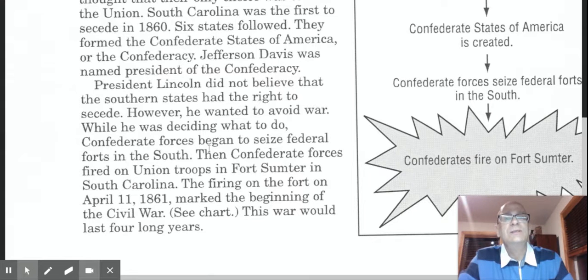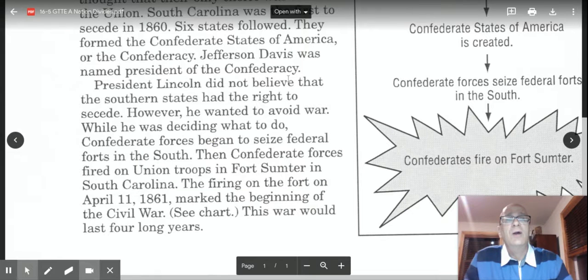Then Confederate forces fired on Union troops at Fort Sumter in South Carolina. Fort Sumter was a U.S. military installation off the coast of South Carolina, in Charleston Harbor. And on April 11th of 1861, the firing on Fort Sumter by Southern Confederate forces marked the beginning of the Civil War. This war would last 4 very, very long years.